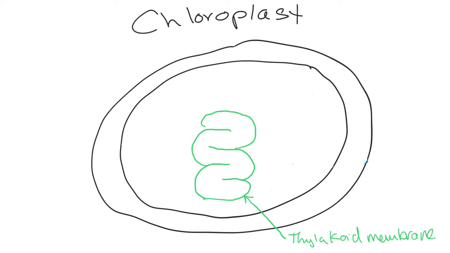All right, and one little turn of that makes this little flattened disc-shaped thing, and this is called a thylakoid. And then they stack together to form a granum.